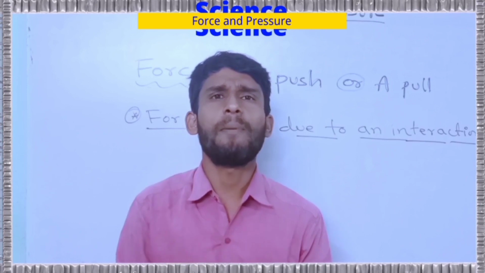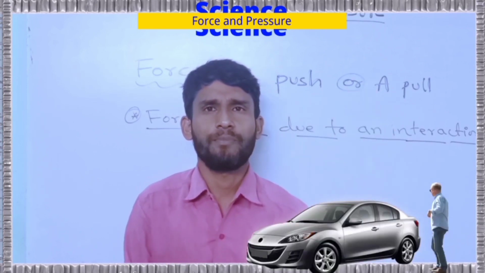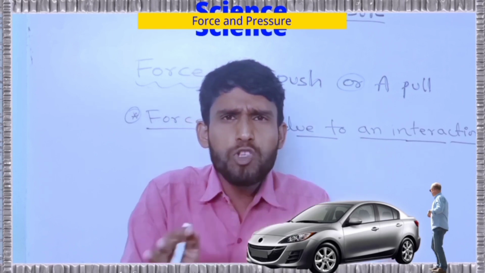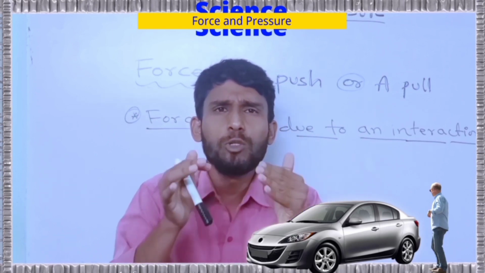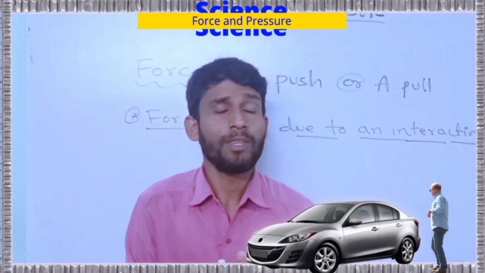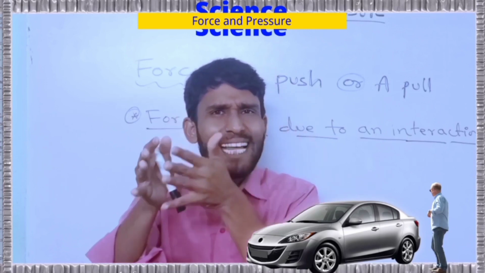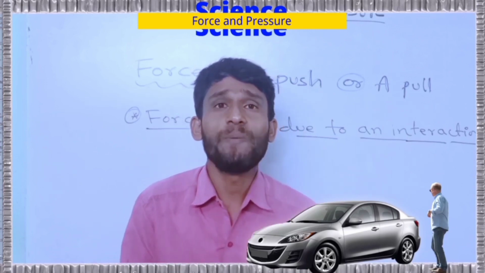Dear student, for example, a man standing behind a stationary car will not push that car. Is it possible to move that car from one place to another? That is not possible if a man is standing behind the car that is not moving.